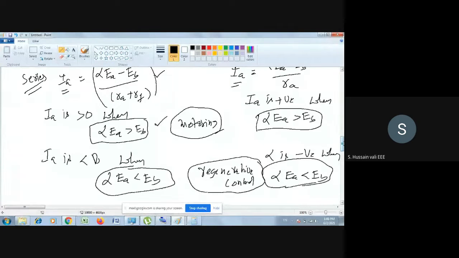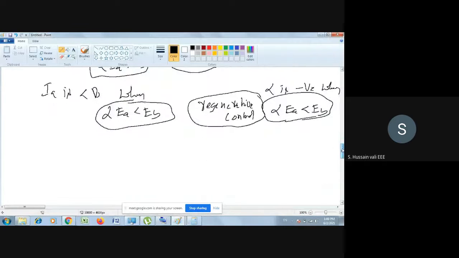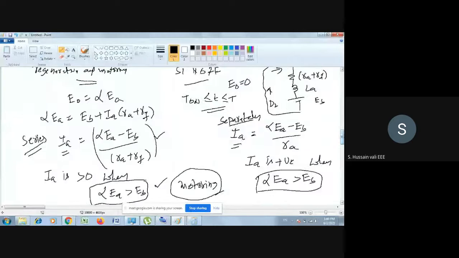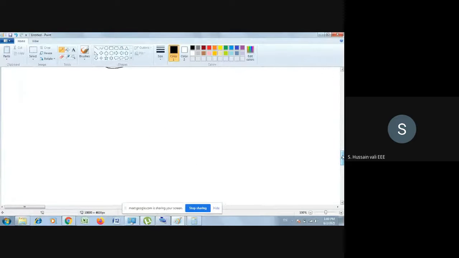Once we understand this, we'll go to dynamic braking control.